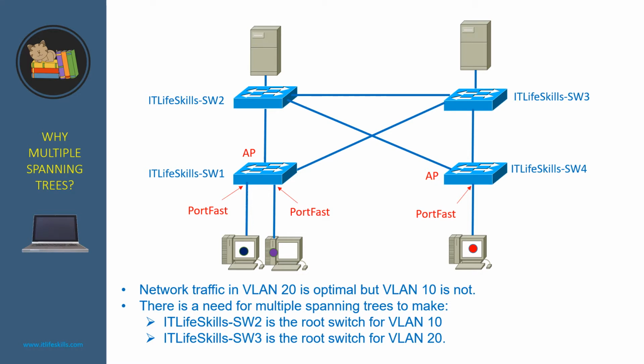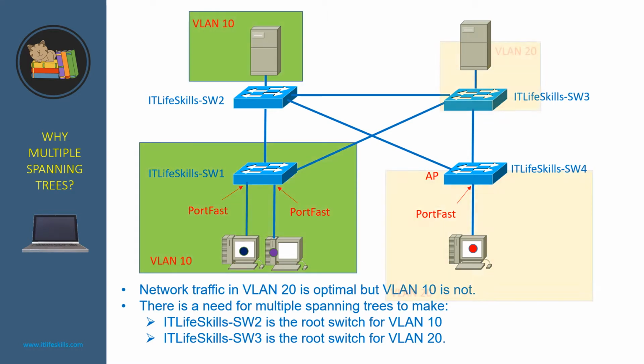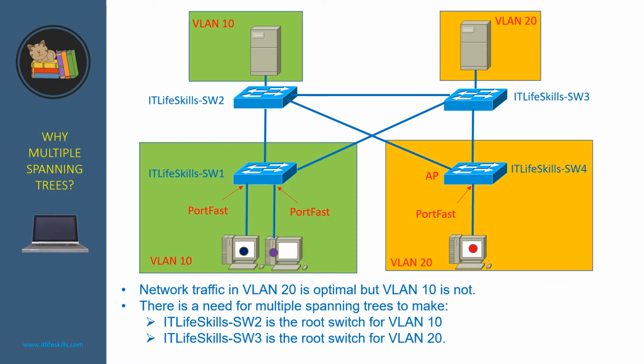In this network, we have two VLANs, VLAN 10 and VLAN 20. There is only one common spanning tree for this network. Here is the current MSTP status. With one spanning tree, the network traffic between the client and the server in VLAN 20 flows like this.